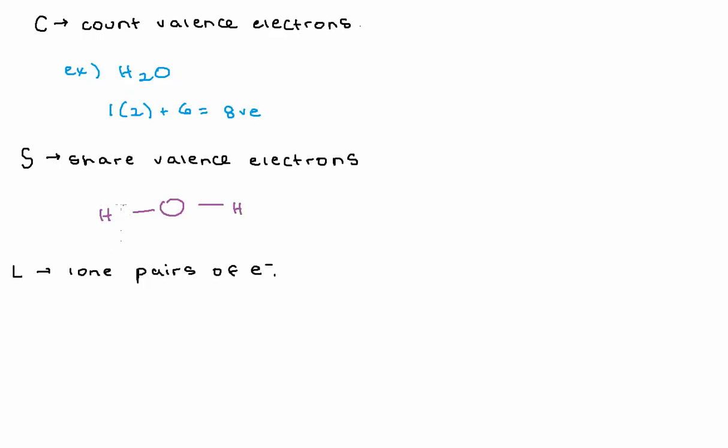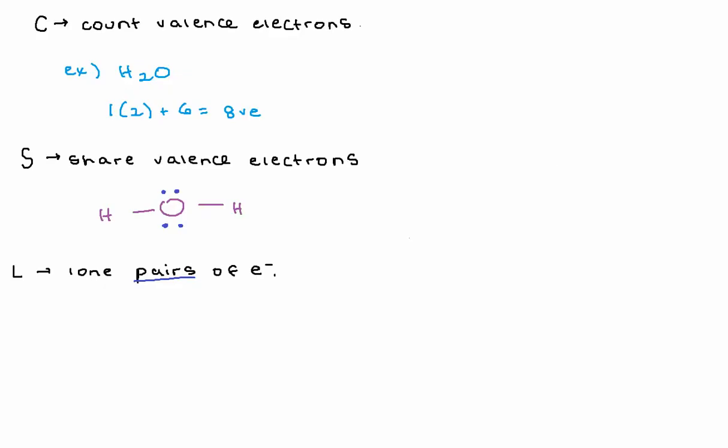So if you think about it, hydrogen has 2 electrons already, and so it's fine because it only needs 2 valence electrons. All the other atoms need 8. Oxygen right now has these 2, so it only has 4 right now, so it's going to need 4 more. So I'm going to put 2 here, and notice I say pairs of electrons. You put electrons together, you don't separate them, and 2 there.